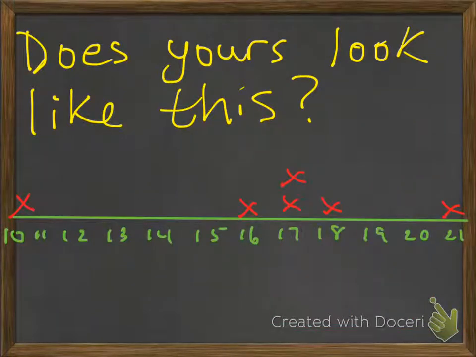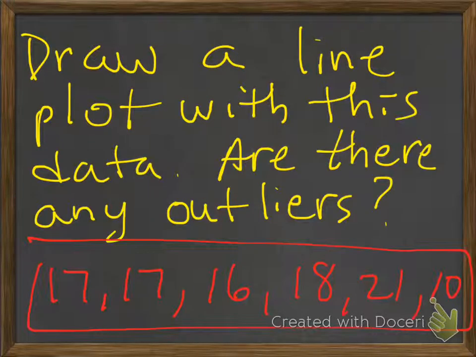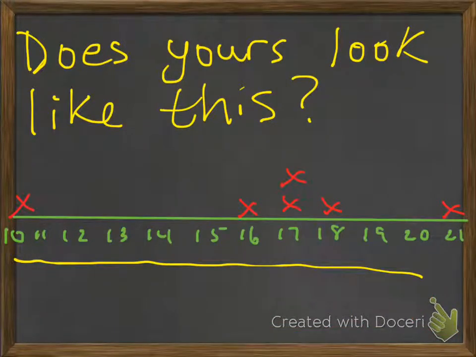Okay, so does yours look like this? Hopefully you went ahead and did your line plot and you have your numbers all right here. You can see right below I've got 10, 11, 12, 13, 14 and so on all the way up to 21. I would go back and say, okay, I've got 2 17s. And that's what I have right here.